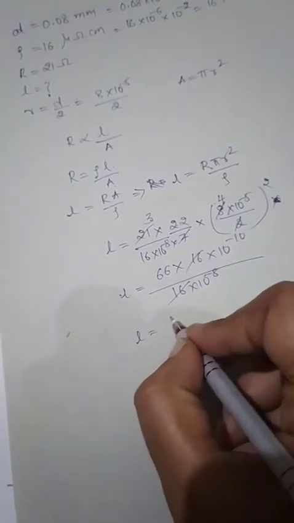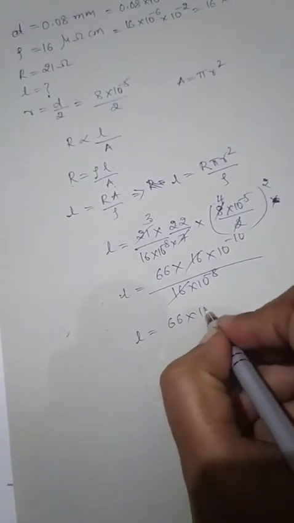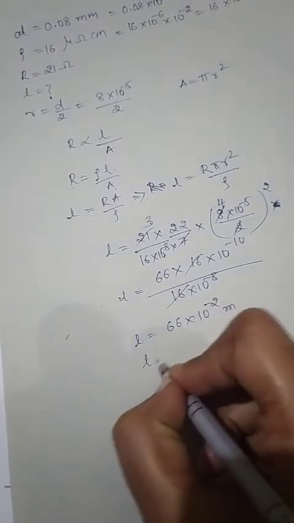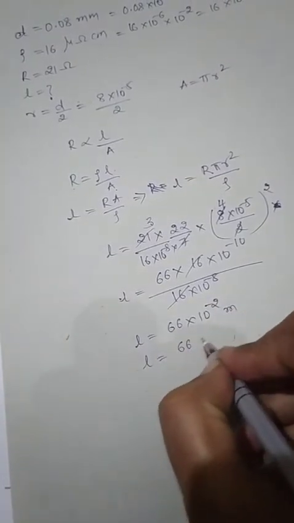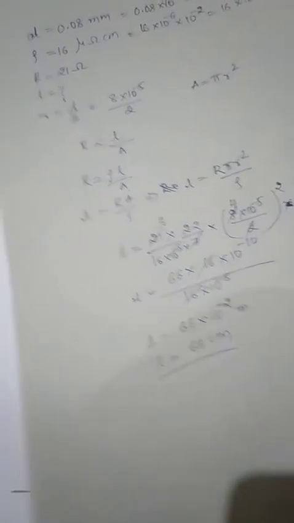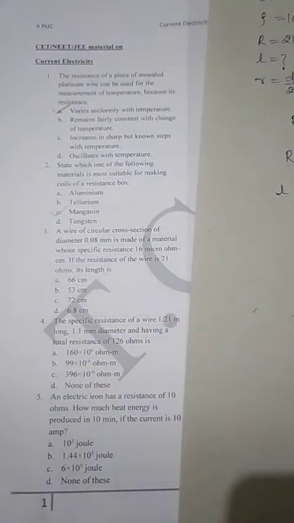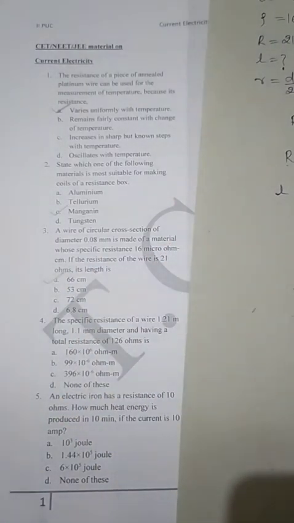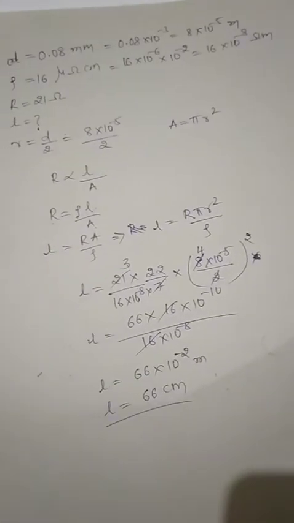L should be equal to 66 into 10 power minus 2 meter, that will be converted into centimeter, that is 66 centimeter. Option will be option A. Answer should be like this.